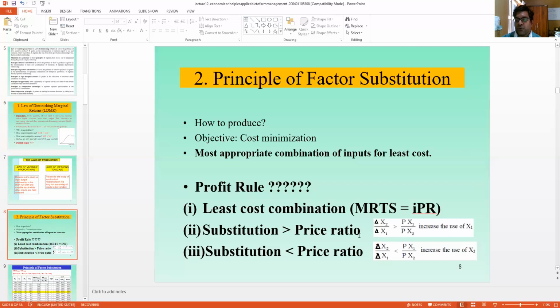So the profit rule: when MRTS is more than the price ratio, increase use of x1. When MRTS is less than the price ratio, increase use of x2.